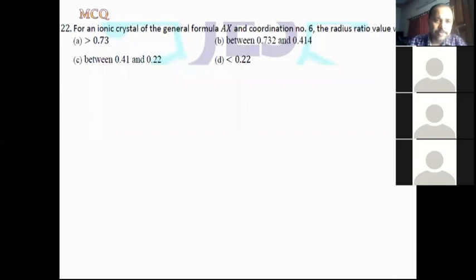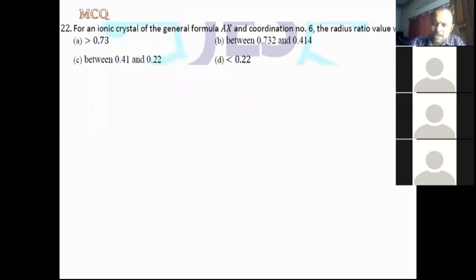So now 22. For an ionic crystal of the general formula AX and coordination number 6, the radius ratio value will be? If coordination number has to be 6 in ionic solids, what should be the radius ratio?